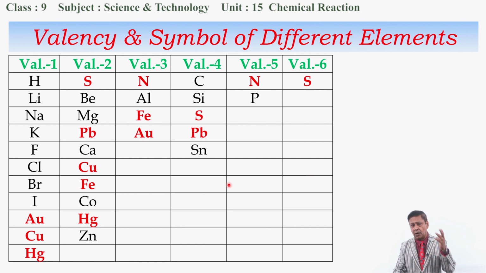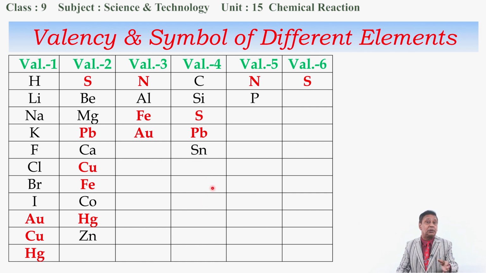So you have to remember: valency 1 elements are hydrogen, lithium, sodium, potassium, etc. Valency 2: sulfur, beryllium, magnesium, lead, calcium, etc. Valency 3: nitrogen, aluminum, iron, etc. In the same way, valency 4: carbon, silicon, sulfur, etc. This way, we have to remember all these, and then we'll be able to write the chemical equation and chemical reaction.